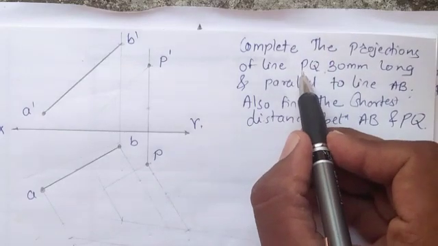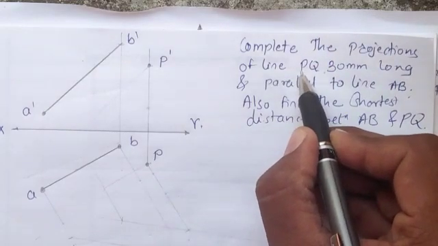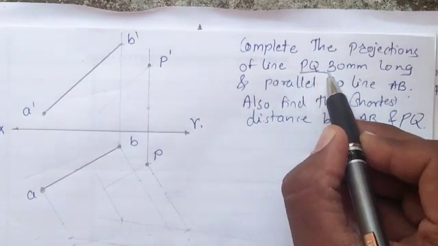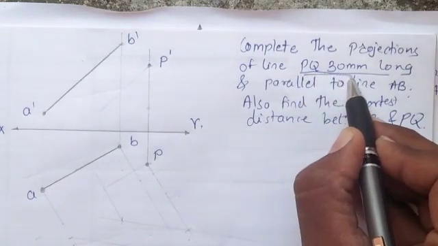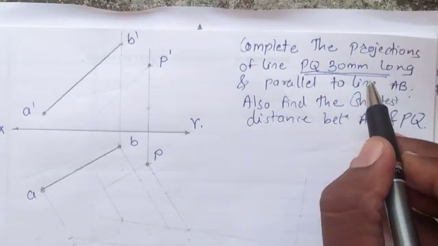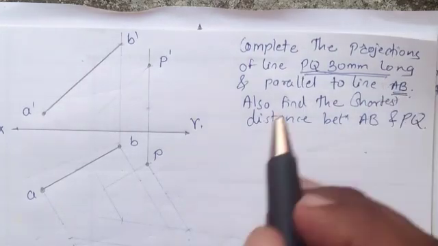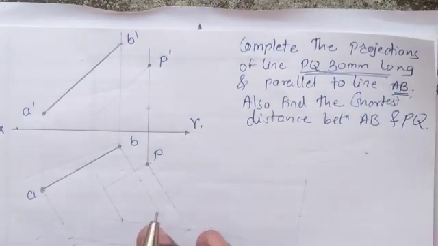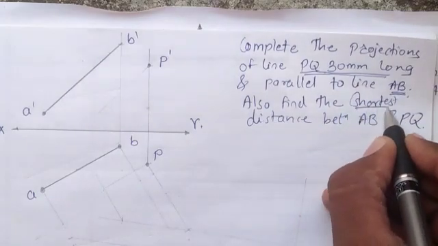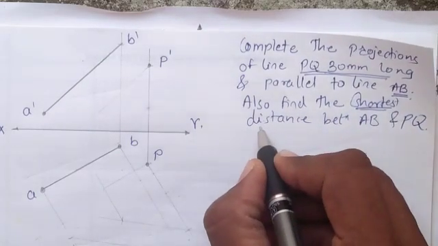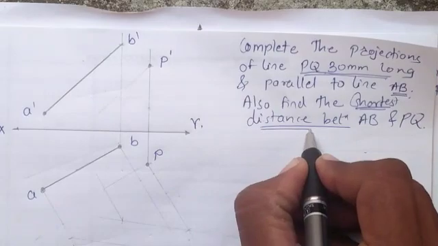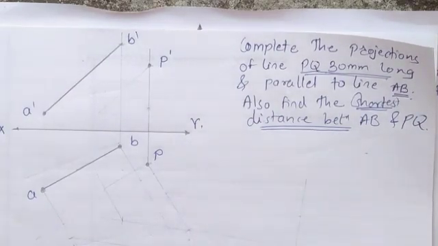So what they have given here is that line PQ is 30 mm long, so this is the true length of line PQ. Then they have stated line PQ is parallel to line AB. What we need to find is the shortest distance between AB and PQ.